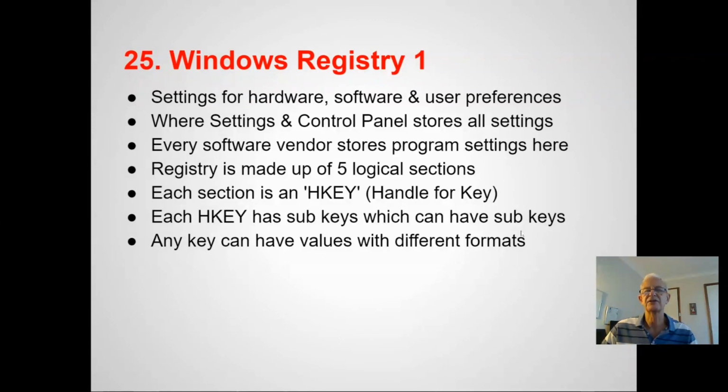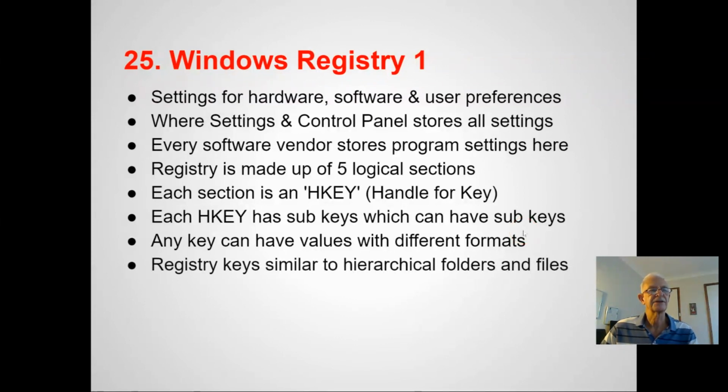So instead of having just the numbers 0 to 9, it goes from 0 to F. And these values in the registry can be either decimal or hexadecimal. And it's not off-putting. It will show you which it is, and you've got to put in the appropriate value. So it is similar to a hierarchical structure of folders and files.